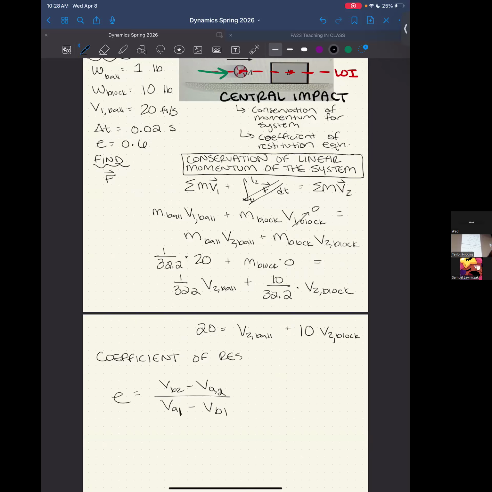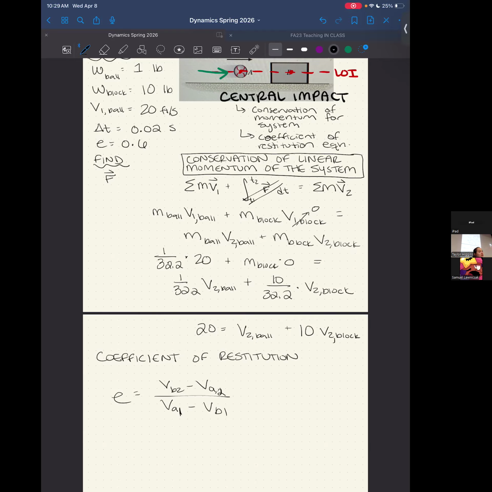What is the coefficient of restitution conceptually? Is it how much the block is deforming and therefore absorbing energy? The coefficient of restitution has to do with the energy loss because of the collision. There are lots of different ways that energy could be lost during a collision, like deformation, sound, or thermal effects.